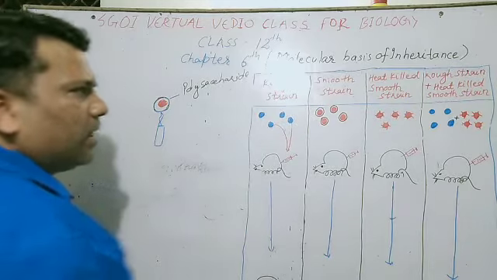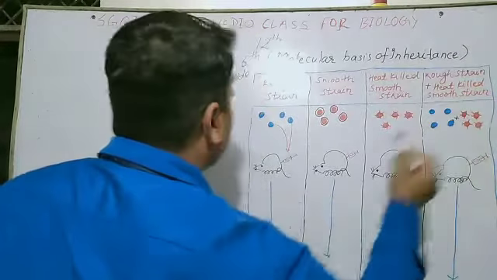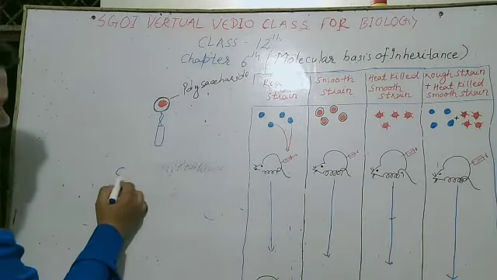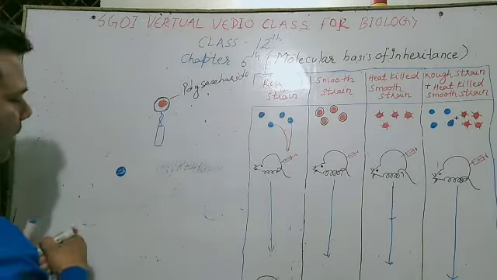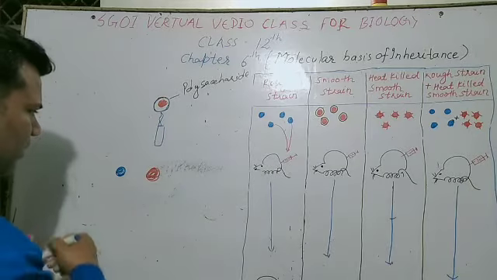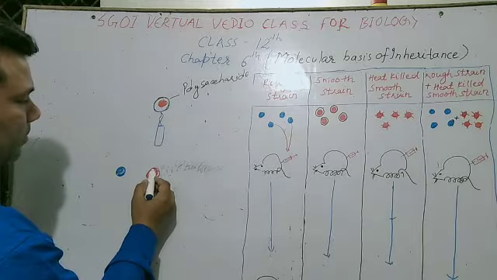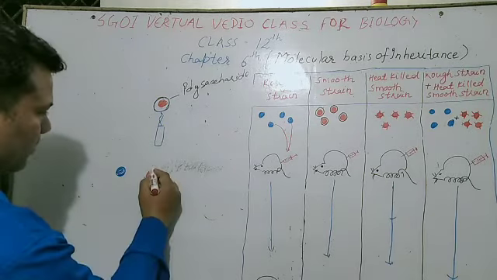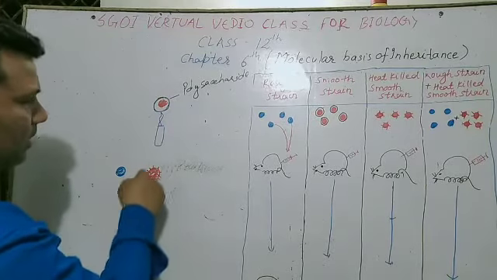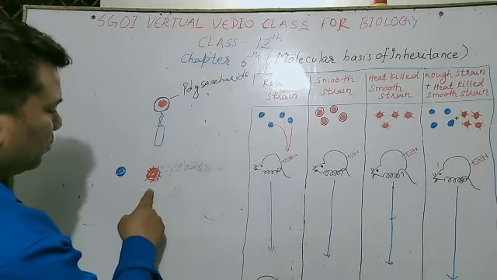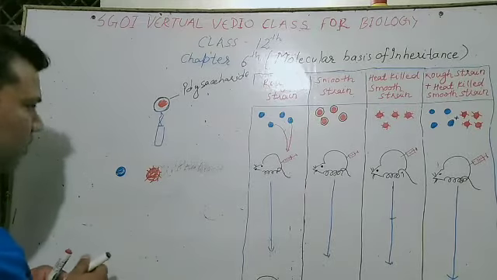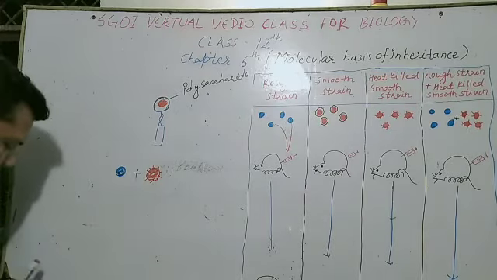But what happened when the heat killed smooth strain is mixed with rough strain? This is rough strain and this is smooth strain. The heat killed smooth strain does not have the polysaccharide covering around it. Then what happened when these two are mixed together?